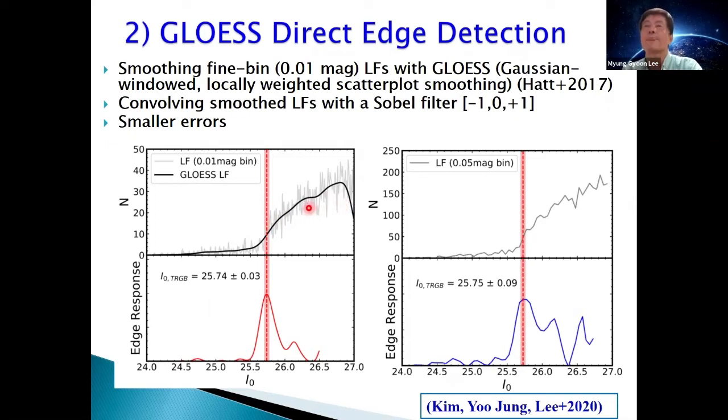If you apply a Sobel filter, here in this case, minus 1, 0, plus 1, then you can get the edge response with the red line here. From this, you can get the value of the TRGB magnitude, 25.74 plus or minus 0.03. So this one is very close to the direct edge detection method value, but the errors are much smaller.